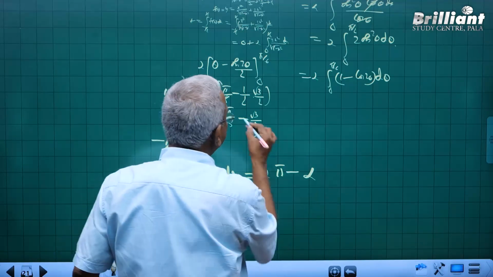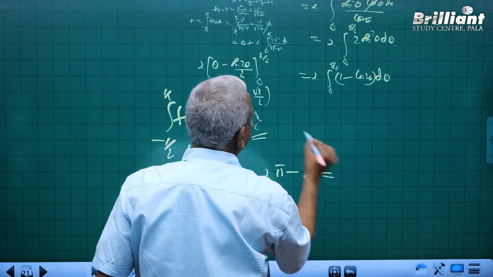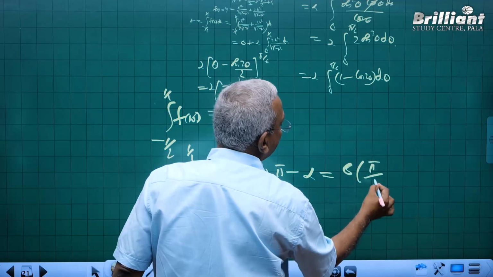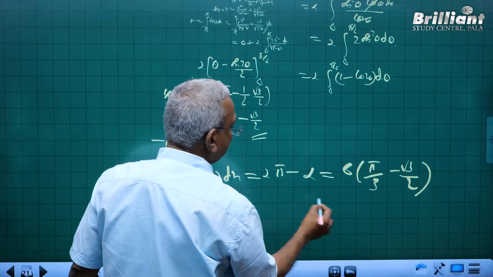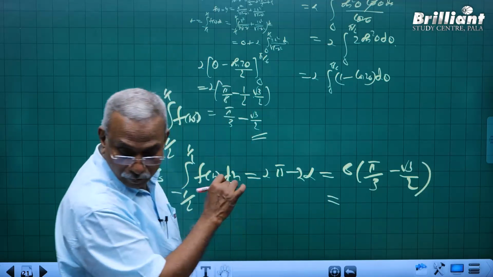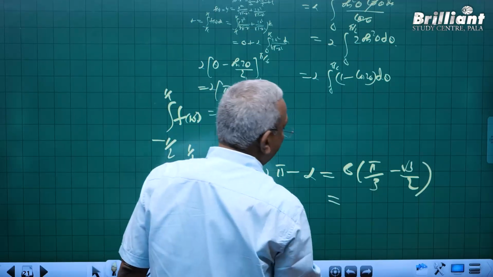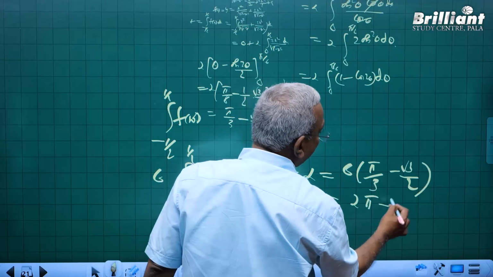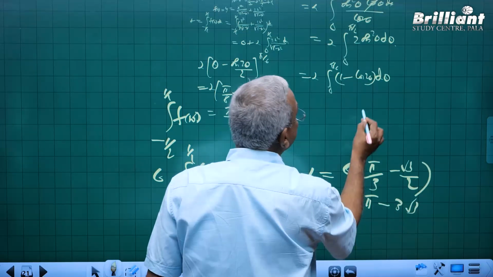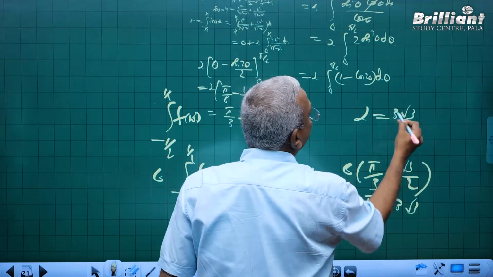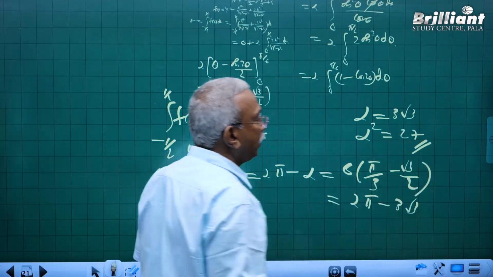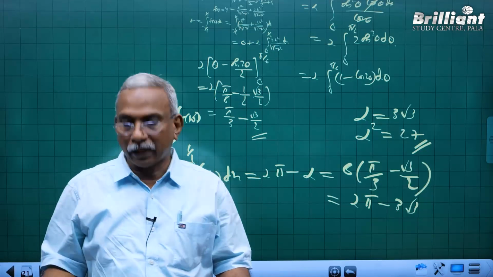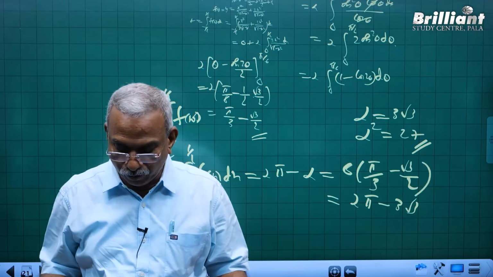So when you multiply this with 6, 6 into pi by 3 minus root 3 by 2, we can see this is equal to 2 pi minus 3 root 3, so only alpha is there, which implies that alpha is equal to 3 root 3. Your requirement is alpha square, that is equal to 27. It is an integer type answer, so 27 is the answer here.